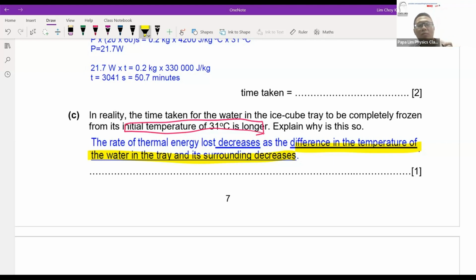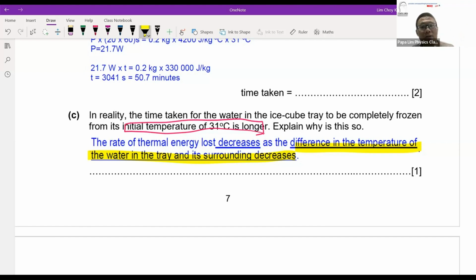This is one of the reasons why it takes a longer time for the water to cool down from, let's say, 10 degrees to 0 degrees Celsius as compared to 30 degrees to 20 degrees Celsius, even though the difference is 10 degrees Celsius. So the heat loss in the initial 10 minutes is faster as compared to the final 10 minutes.